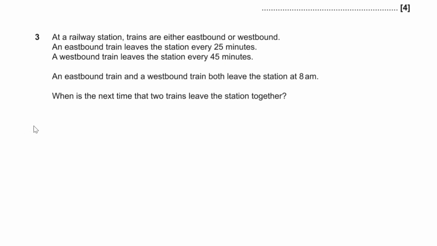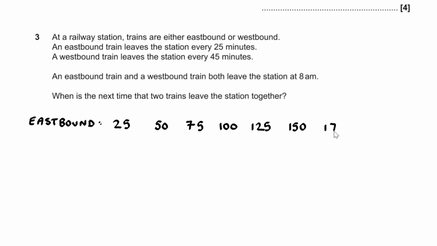So if we consider the eastbound, it leaves the station every 25 minutes, so we've got 25, 50, 75, 100, 125, 150, 175, 200.